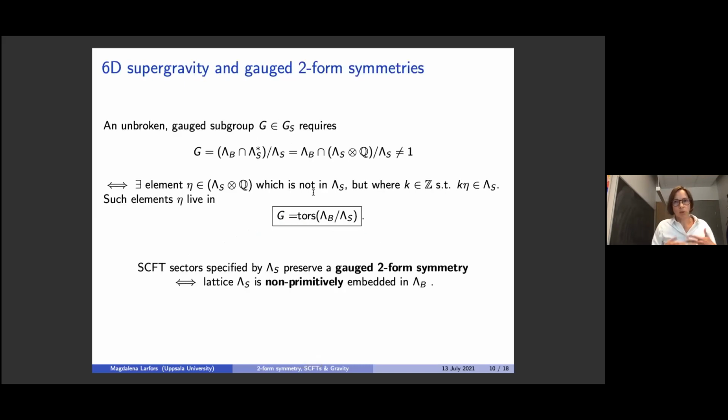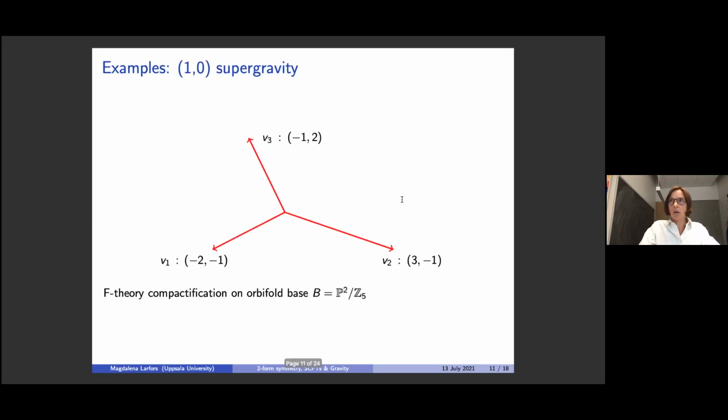So now I've talked a lot about the generalities here, and we have about 5 minutes to go. So I will talk about how this looks in examples. First, let's look at a 1,0 supergravity example.